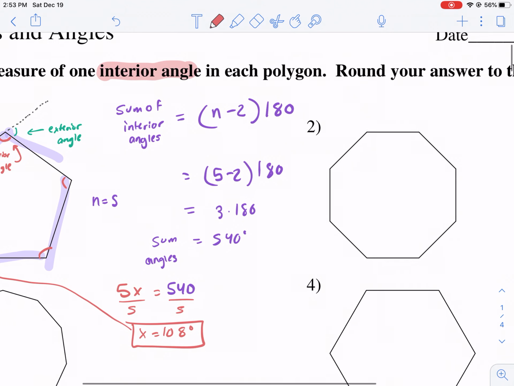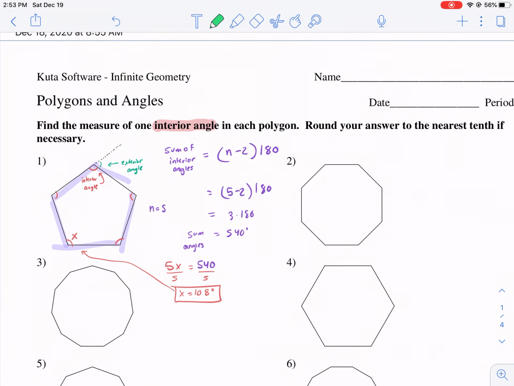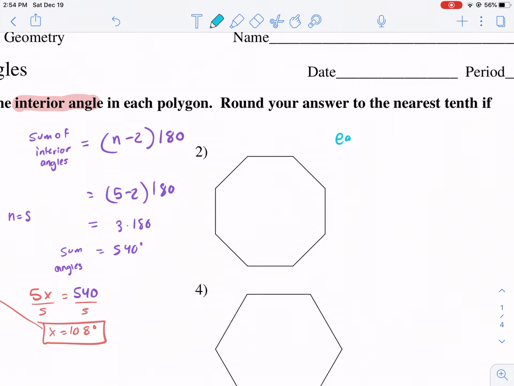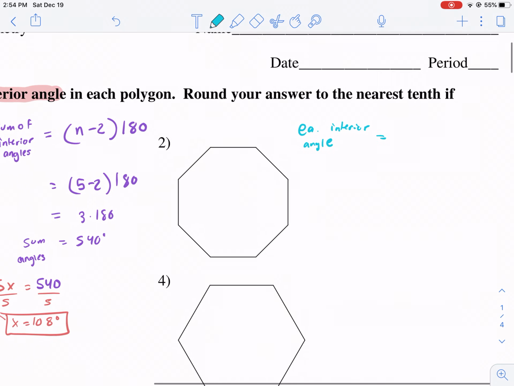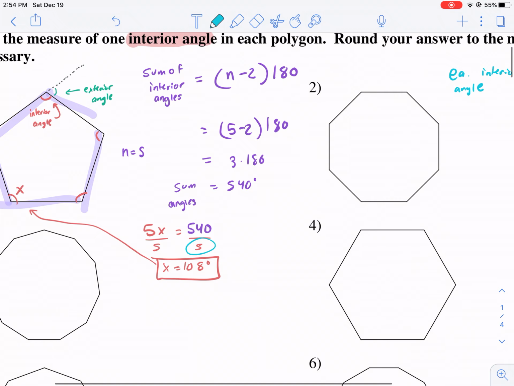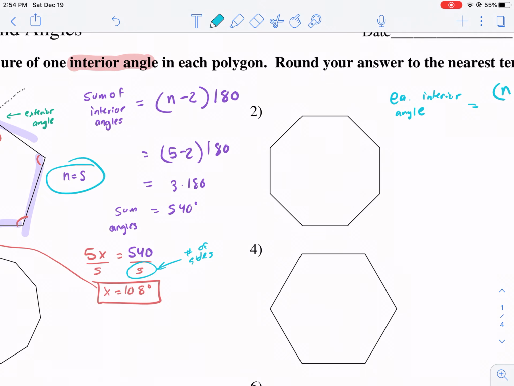This leads us to our formula for each interior angle. If we're just looking for one interior angle, we use the sum, and the only thing we do differently is divide by the number of sides. n equals the number of sides.